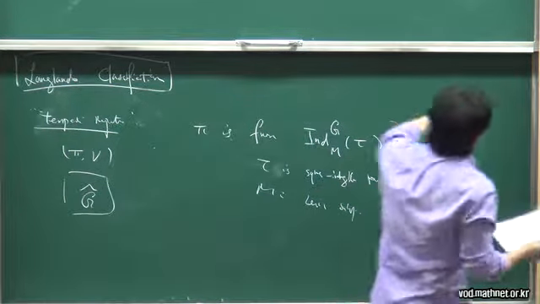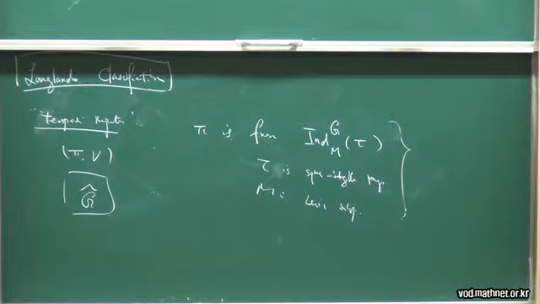But the interesting thing is, in the representation of the p-adic groups, we have another decomposition of the G hat here. Everything is based on what we call the Bernstein variety.